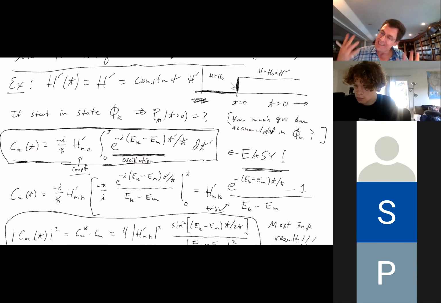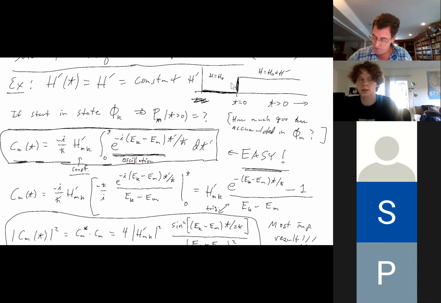And so what is the integral of an oscillation? If I integrate an oscillatory function, what is the integral? Somebody tell me. Is it another oscillatory function? Sure, but it depends how far you integrate it out.